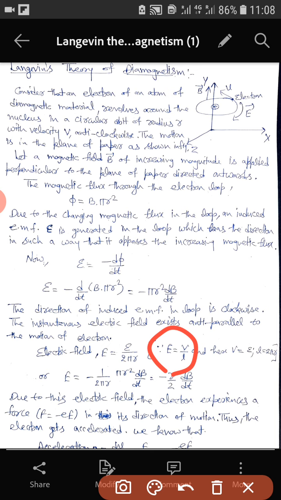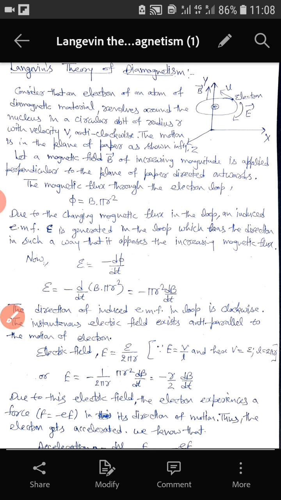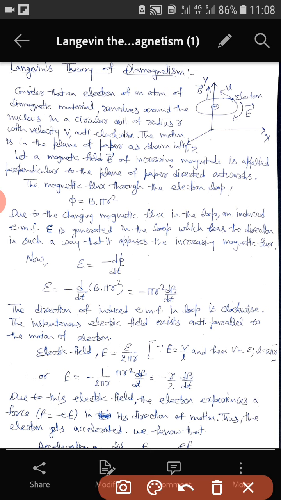So E is minus pi r square dB by dt over 2 pi r. When we solve this, ultimately we get the electric field E equal to minus r by 2 dB by dt.